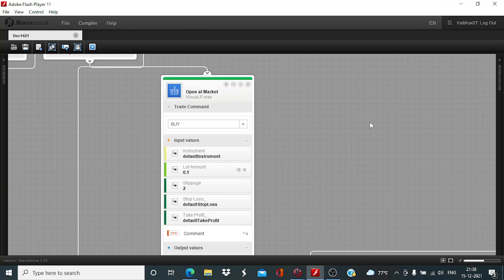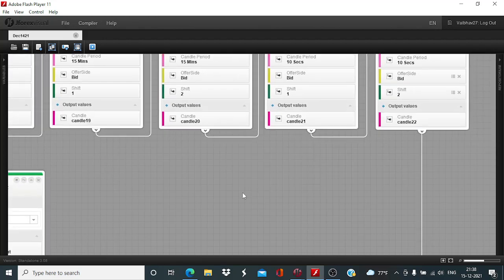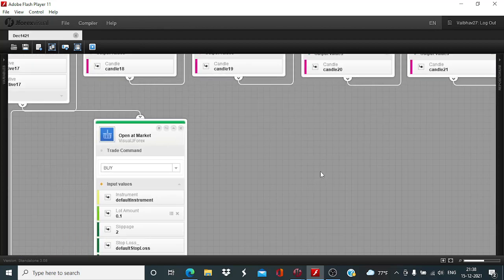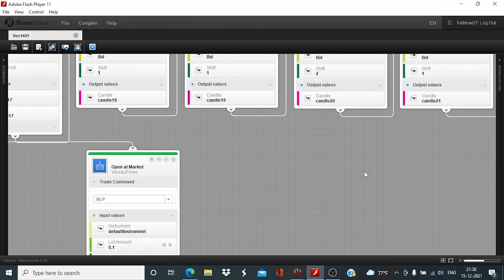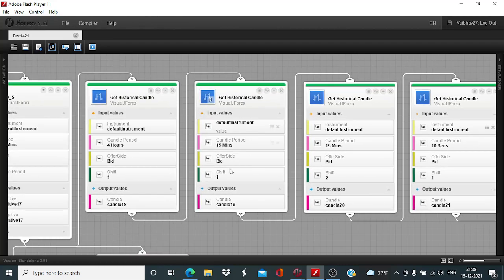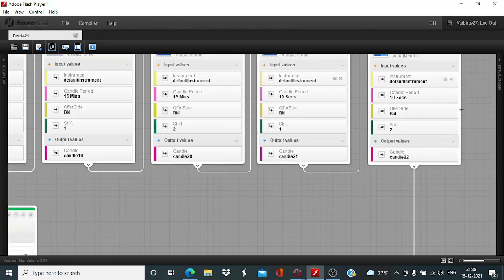So I think the range should be good enough, or you can even take the multiple, you can make it twice or accordingly as per your choice. For example, I will simply take the difference between the candle 18's candle high and the candle low. Okay, so we candle 19, not candle 18.